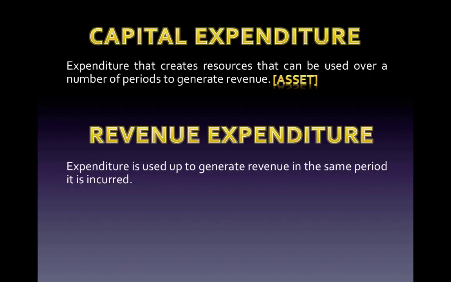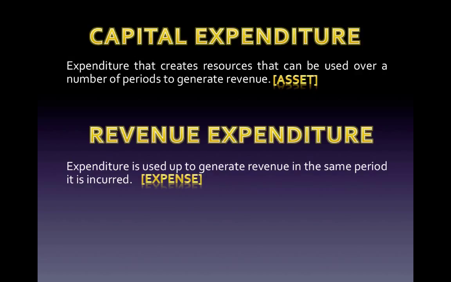But if you have incurred expenditure to generate revenue immediately in the same period, so let's say you pay wages for people who have already worked for you to help you generate the revenue, that expenditure is called a revenue expenditure, and that amount is treated as an expense.